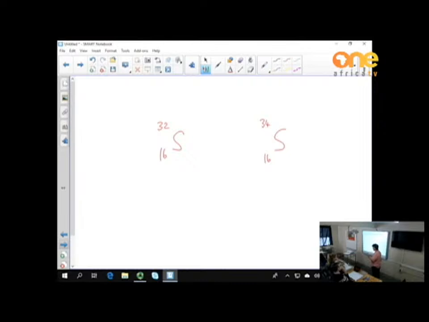I have the same element, so the atomic number is the same because that determines which element we have. We've got sulfur. But what is different? It can sometimes be unstable, but it's not necessarily unstable. This 32 is equal to 16 plus what? 16. Yes, but what is that 16? Yes, that is the number of neutrons. And this 34 consists of 16 protons plus 18 neutrons.